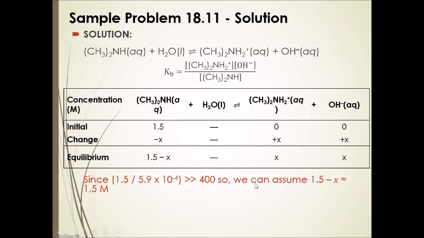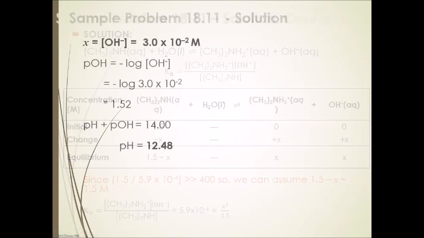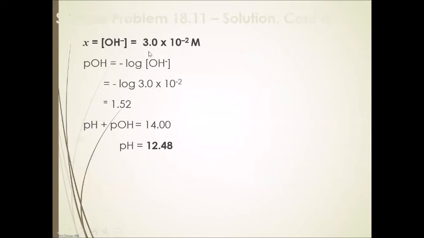So we put X squared divided by 1.5 equals 5.9 times 10 to the negative 4. So we can solve X equals 3.0 times 10 to the negative 2 molar, which is the concentration of hydroxide ion.